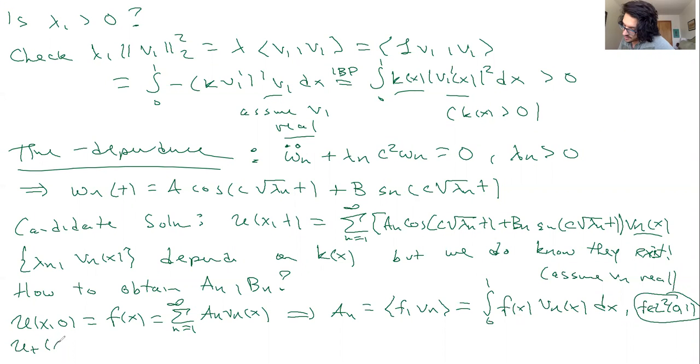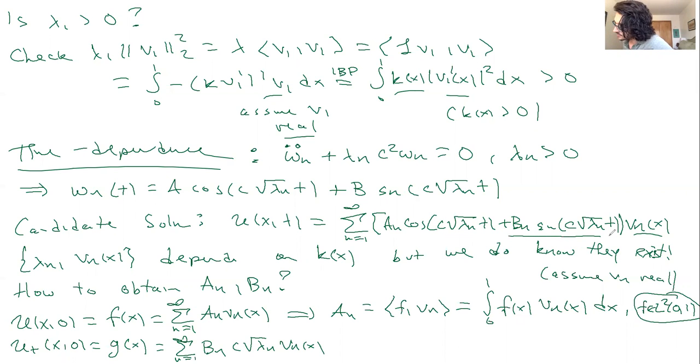U sub t of x,0, remember, this is g of x. Well, that's going to be equal to the sum from n equals 1 to infinity of bn c square root of lambda n vn of x, because those just come down by differentiating this and plugging in time equals 0.